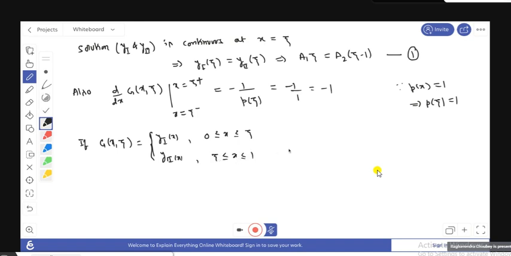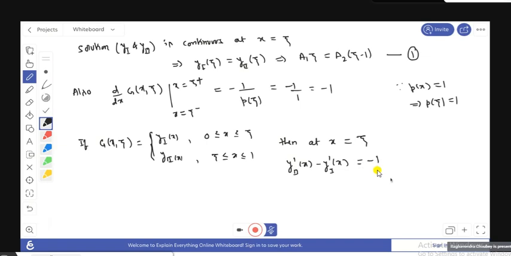Okay, so then at x equals xi, y2 prime(x) minus y1 prime(x) equals minus 1.